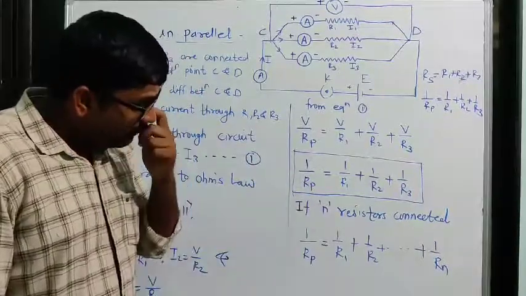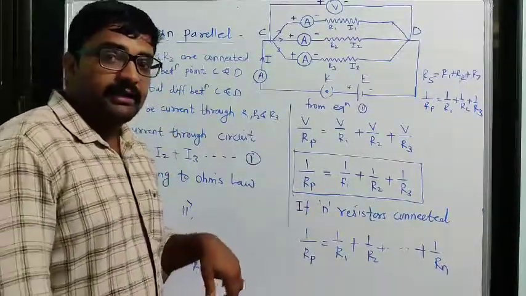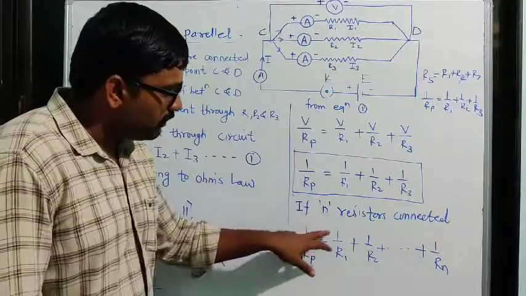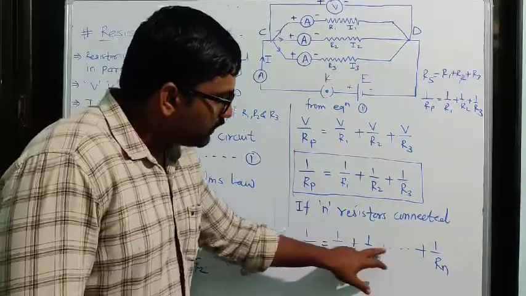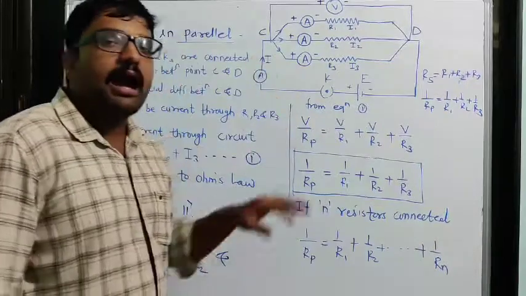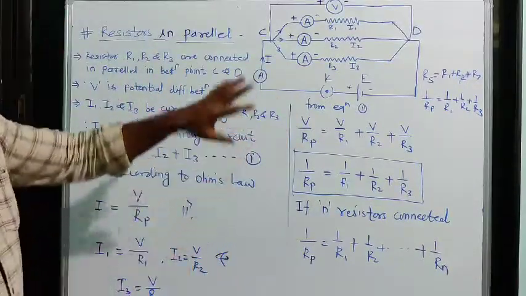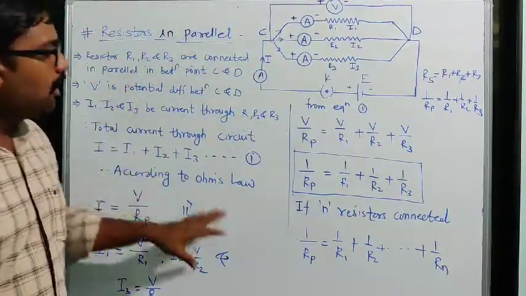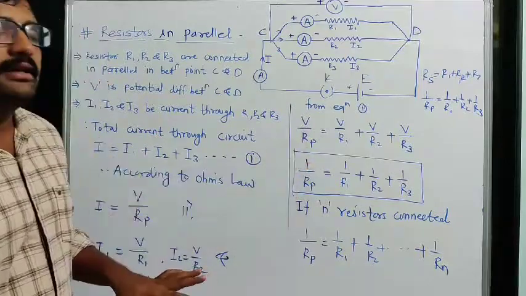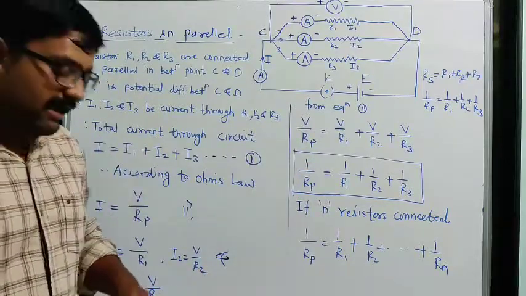If n number of resistors are connected, then the equivalent resistance will be 1 by R1 plus 1 by R2 up to 1 by Rn. This is the equation of resistance when they are connected in parallel.